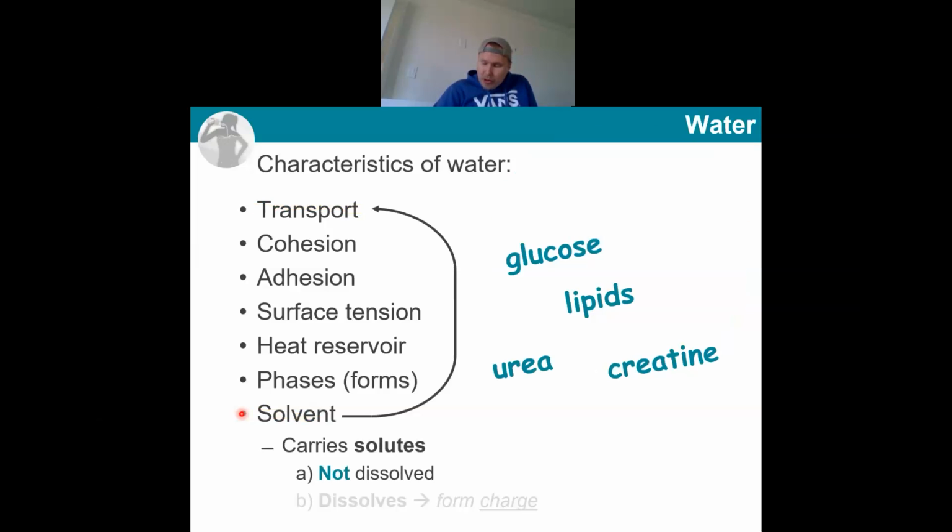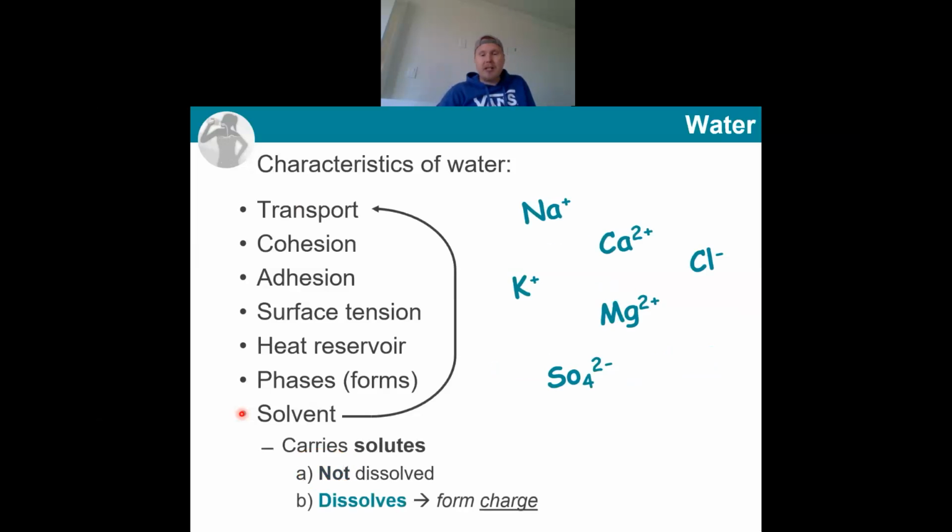Some things do not dissolve in water, and examples of those would be glucose, lipids, urea, creatine, and they are not of huge interest to us. The ones that we are mainly interested in are the ones that actually dissolve in water, such as various salts, acids, bases, some of the proteins, and as they dissolve, they form charges, which you can see here.